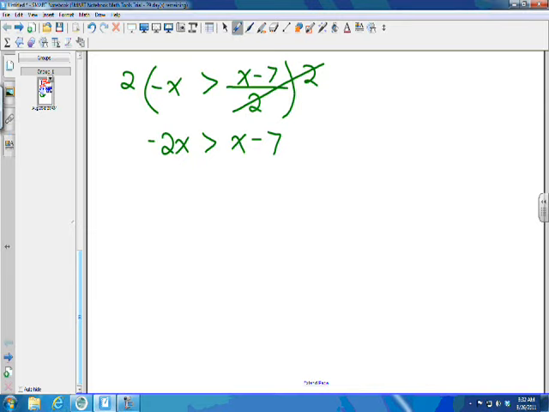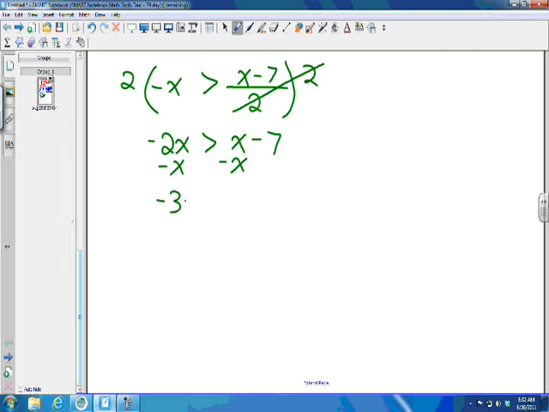So why didn't we flip the sign there? Because we didn't multiply by a negative. I know the x is negative, but that's not what's important there. So we need to move this x over. The 1x, how do we move it? Subtract it because it's positive.